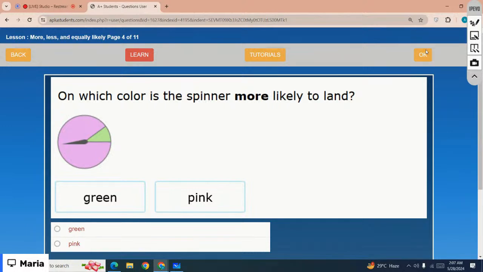On which color is the spinner more likely to land? So which is the correct option? The correct option is pink because the spinner has more pink color, right?